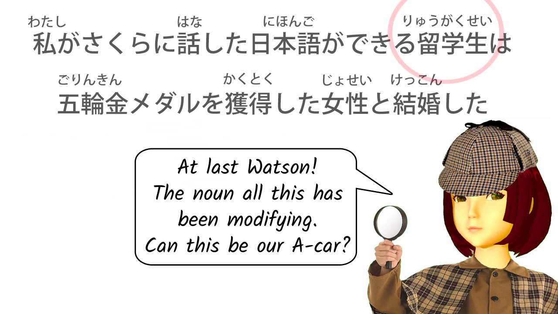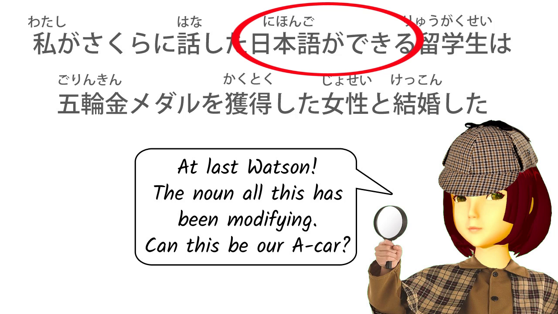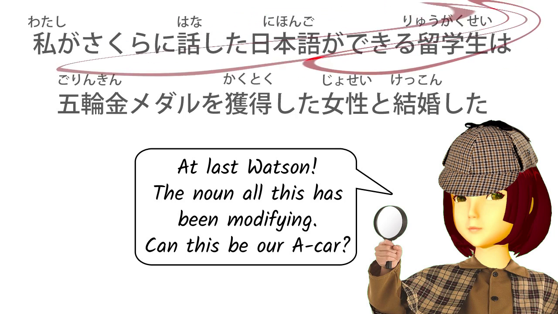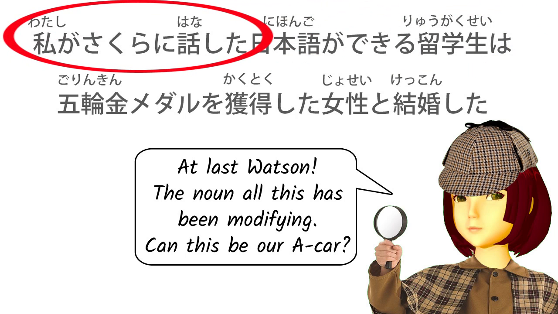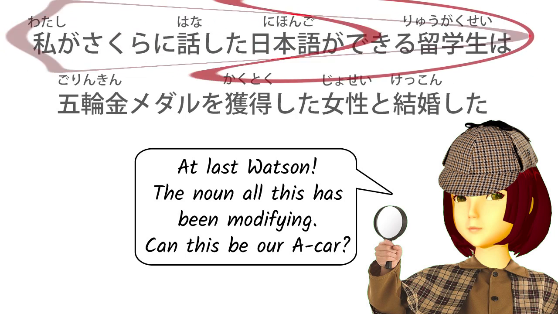Ryugakusei. Ryugakusei is an exchange student, usually from a foreign country. So, Nihongo ga dekiru modifies Ryugakusei, an exchange student to whom Japanese is possible. A Japanese-speaking exchange student. And watashi ga Sakura ni hanashita is modifying all that.